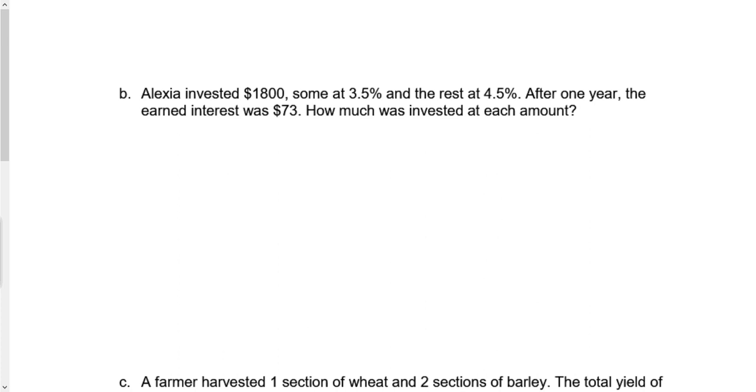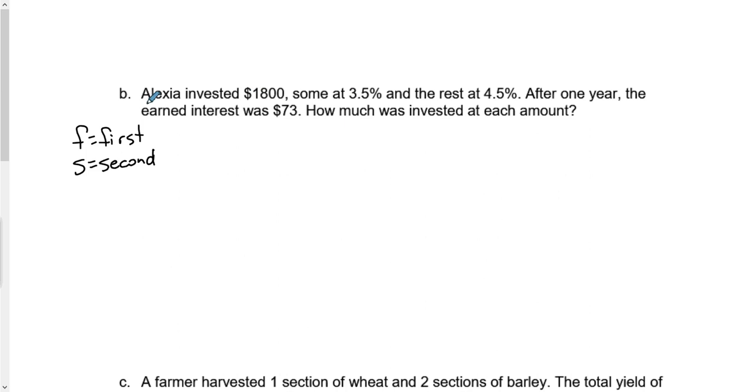So let's identify a few things. Let's say F is the first account and S is the second account. We could use X, we could use Y, it all works.